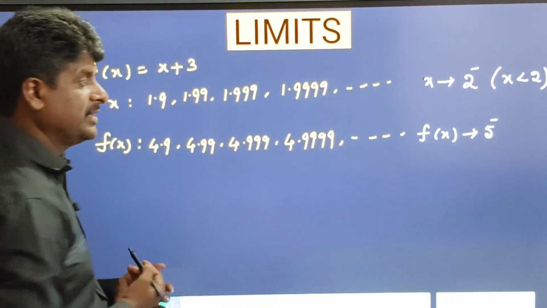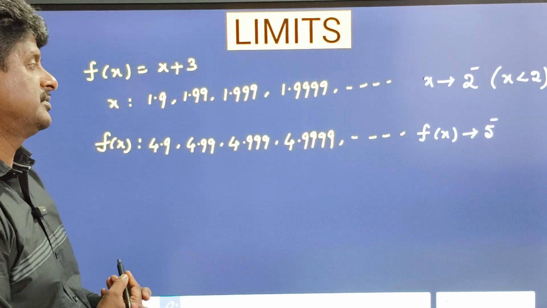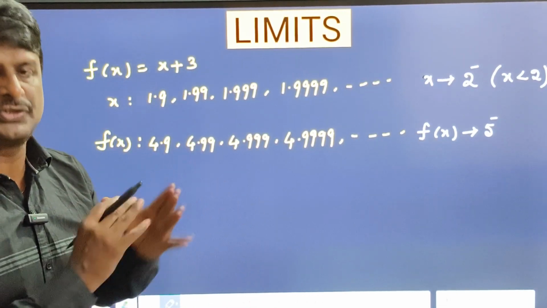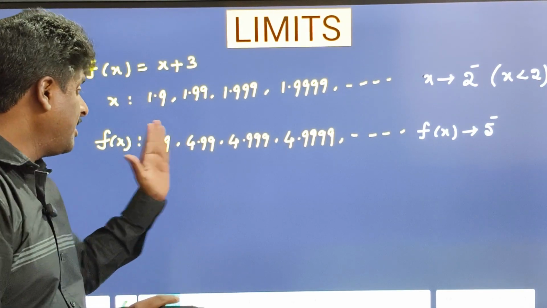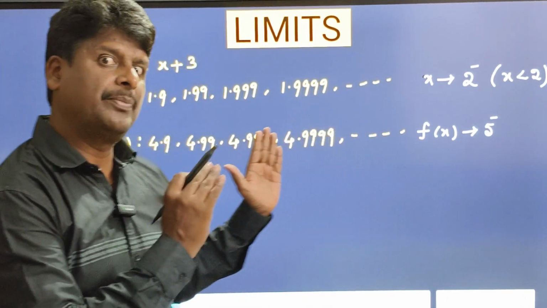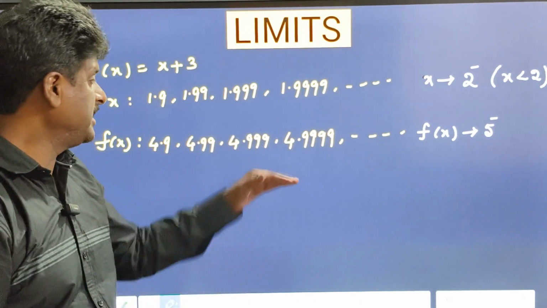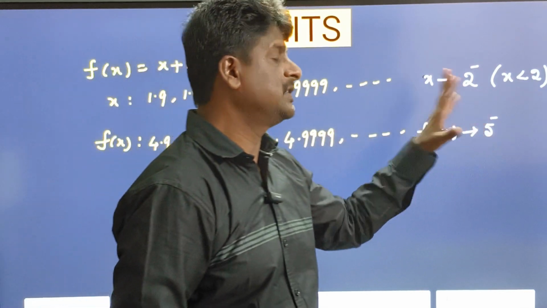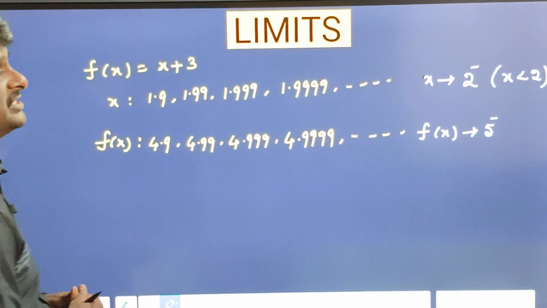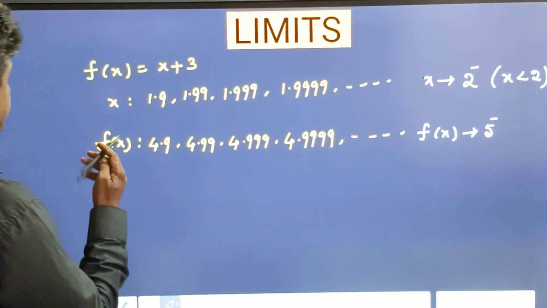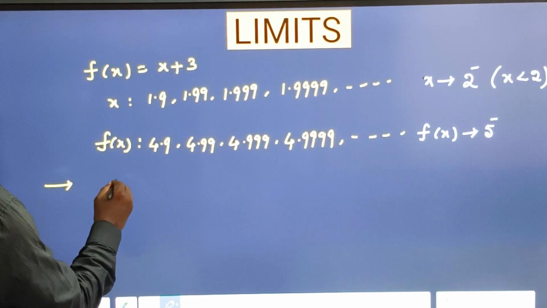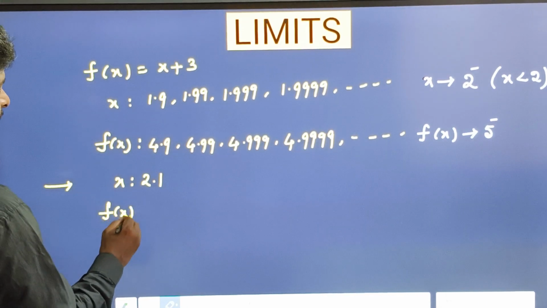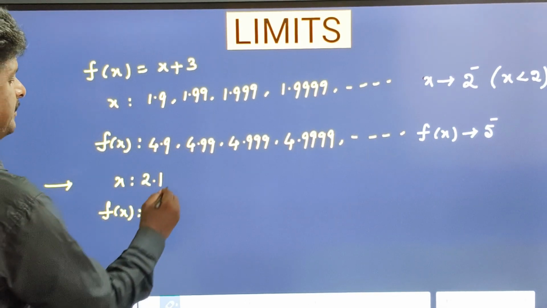In the second sequence corresponding f of x values are approaching 5, but they never be equal to 5. So they are approaching 5 from left side of 5, means all the values of f of x are less than 5. So that situation is denoted by f of x tends to 5 minus. Consider one more sequence: 2.1, f of x will be 5.1.